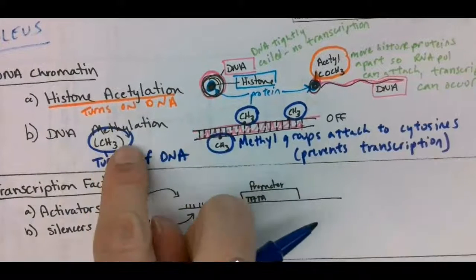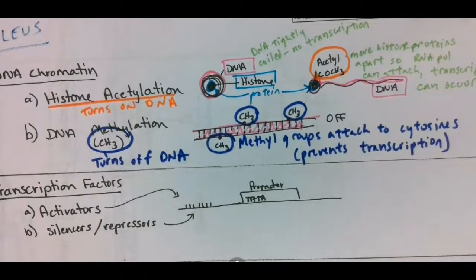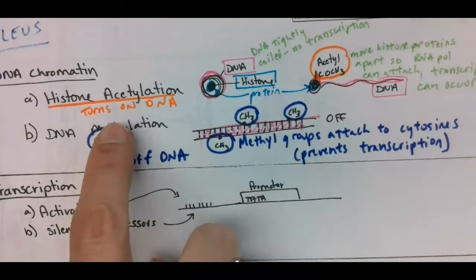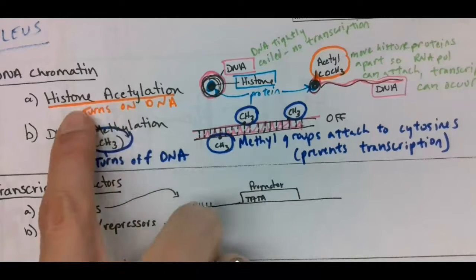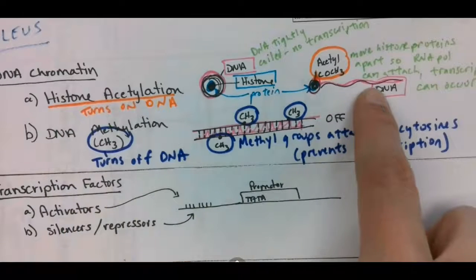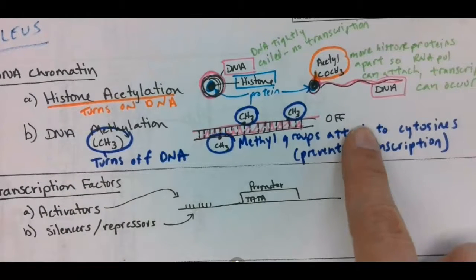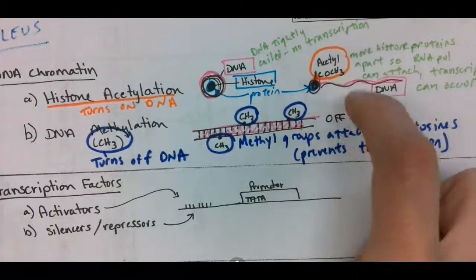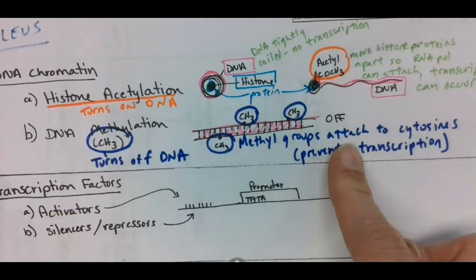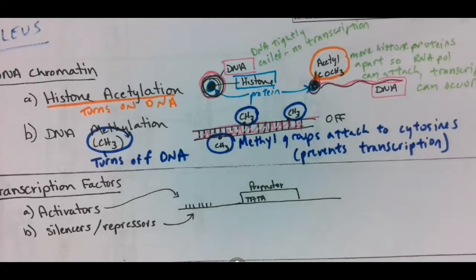So how do acetylation and methylation affect protein synthesis? Well, they affect whether or not the first step in protein synthesis, transcription, can occur. Acetylation allows transcription to occur. Methylation blocks transcription. And by activating or deactivating different parts of the DNA, we can control what proteins are made.